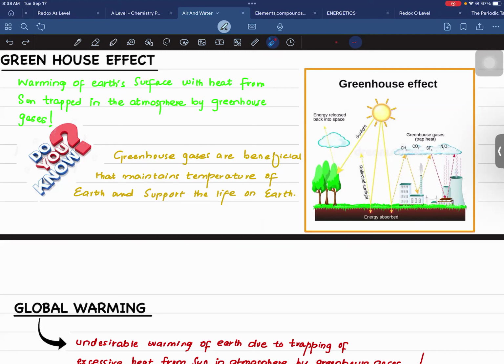We are releasing so many greenhouse gases into the atmosphere in the form of CH4 and carbon dioxide. And why do we say just plant trees? What's the reason?